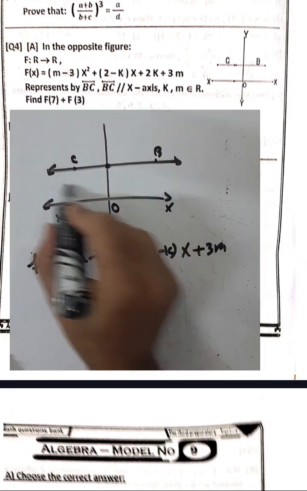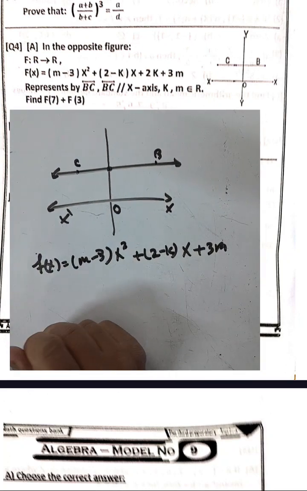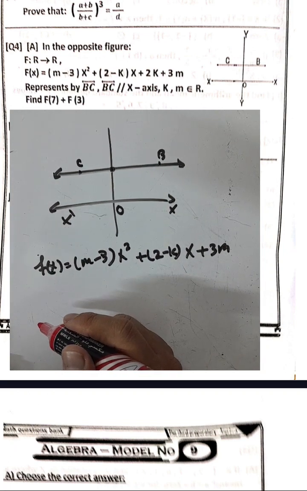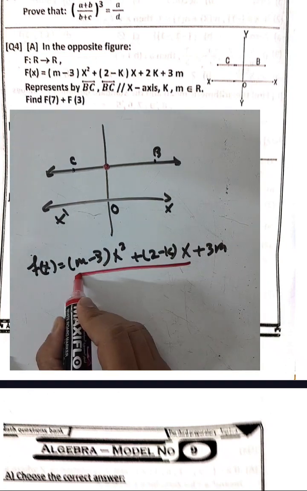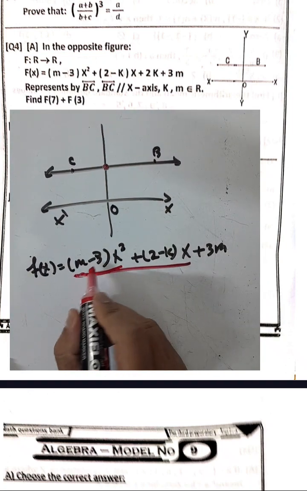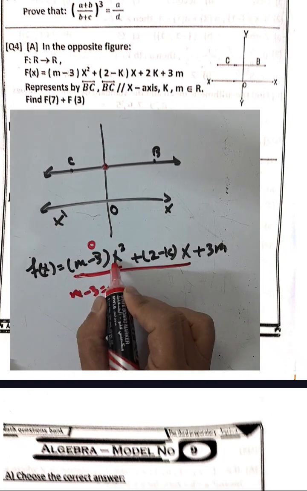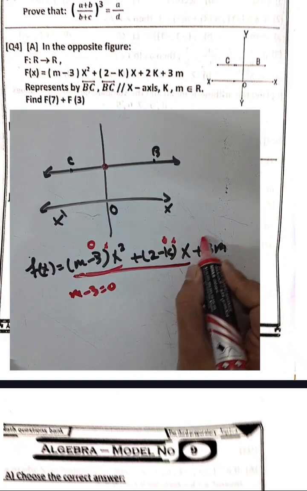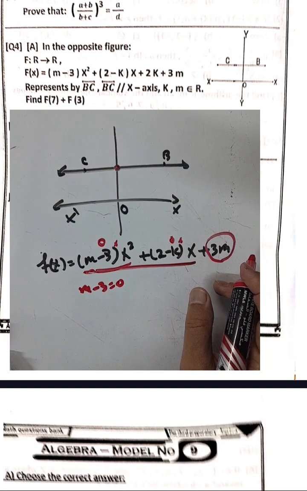Look at this function. It is parallel to x-axis, meaning the slope will be equal 0 and it will be a constant function of 0 degree. Then this coefficient will be equal 0: m minus 3 equals 0, because 0 times x power 2 is 0 and 0 times x is 0.